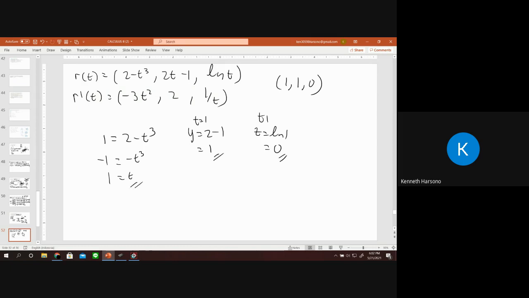Just like this one, right? So they are asking about this point when t is equal to 1. Okay, so we can just put the t back into r prime here. So r prime(1), or the tangent for this point, is just minus 3, 2, and 1.